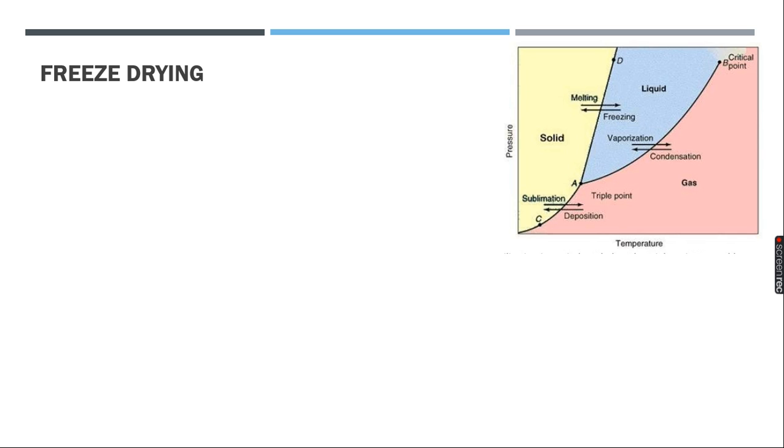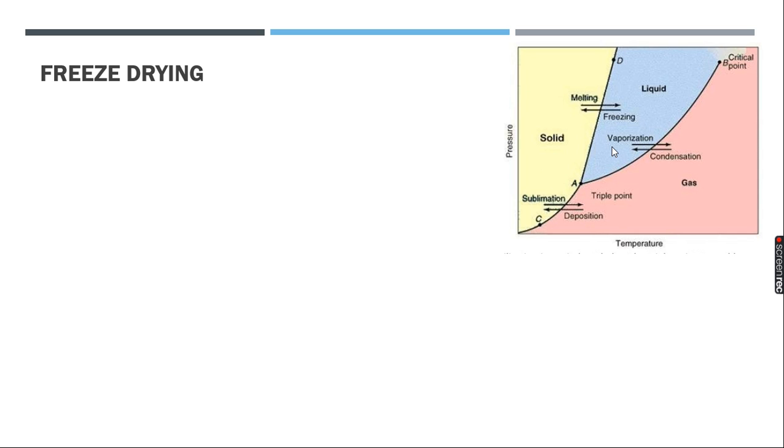So from the triple point we can move. If we increase the temperature, the compound will become vapor phase. If we reduce the temperature, it becomes solid, and similarly increasing pressure will increase solidification, and decreasing pressure will make it vapor phase.